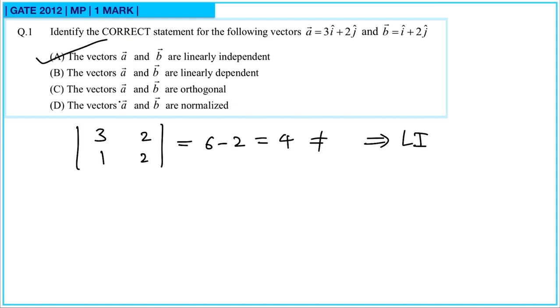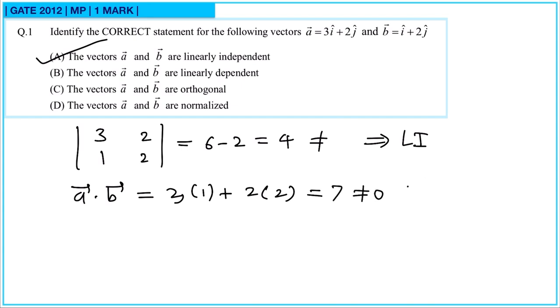For option C, we have the vectors A and B are orthogonal. So let us find out A bar dot B bar. This will be 3 into 1 plus 2 into 2, and that is equal to 7, which is not equal to 0. That means they are not orthogonal, that means they are not perpendicular. And option D is vectors A and B are normalized. So let us find out their magnitude.